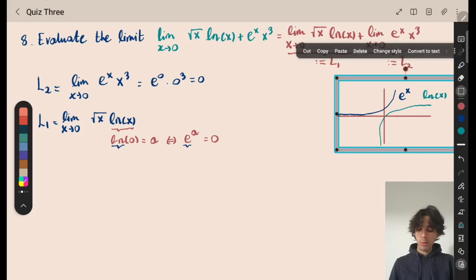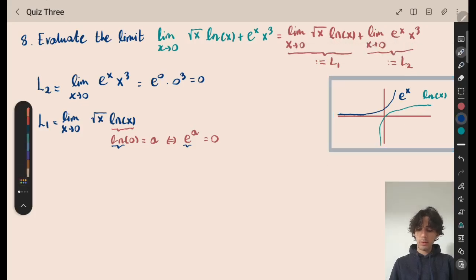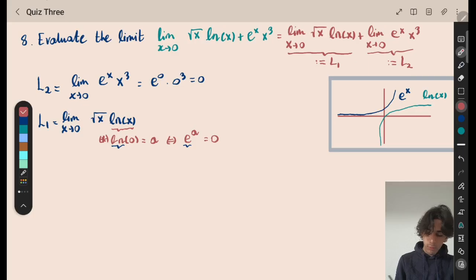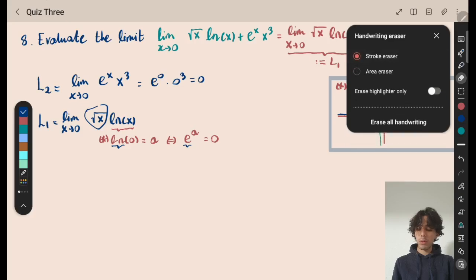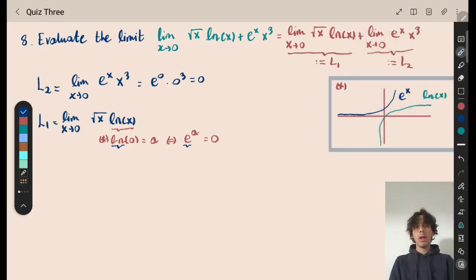So this is why we have a problem with saying that ln of 0 is equal to something. And the solution here is this term. Maybe this term will change something about this setup that we have. And indeed, this will turn out to be true.